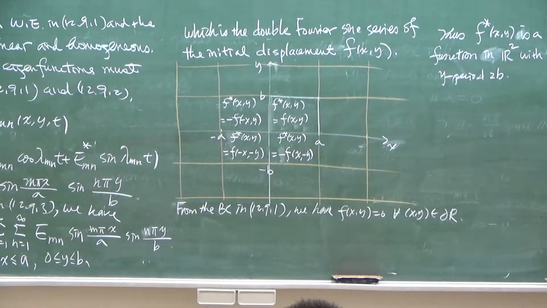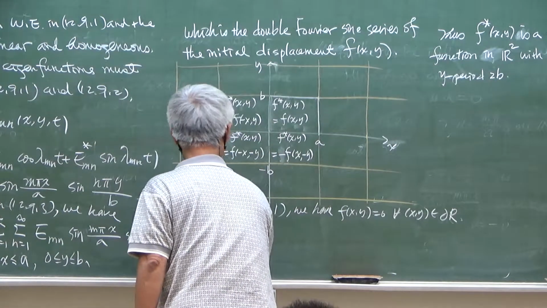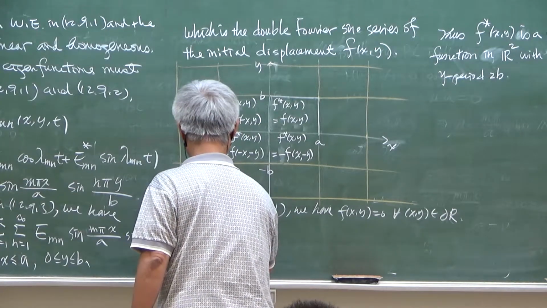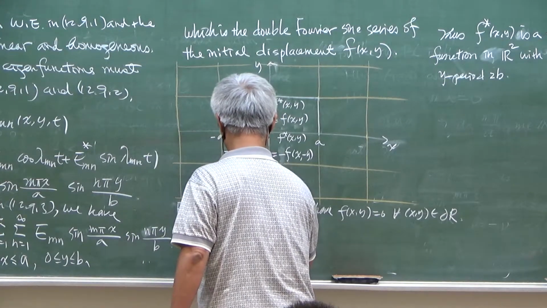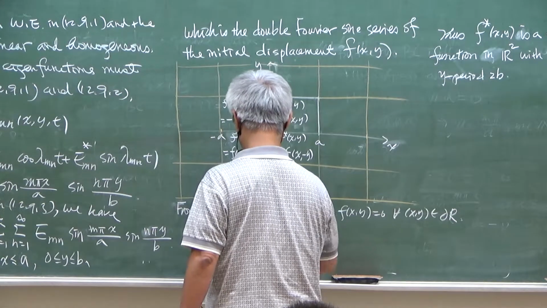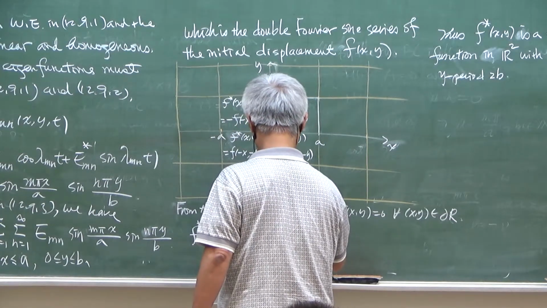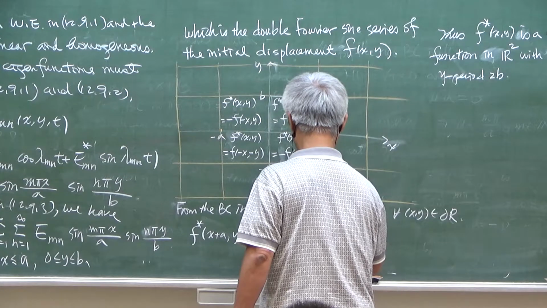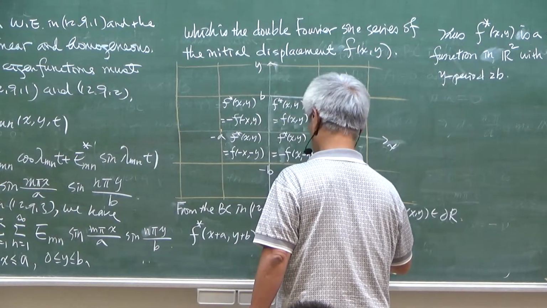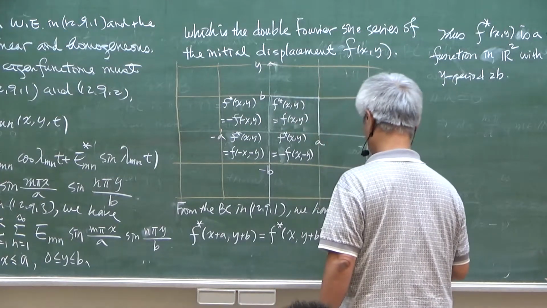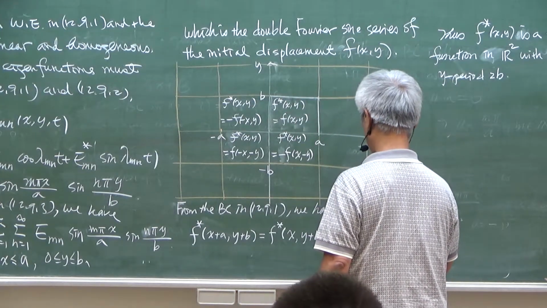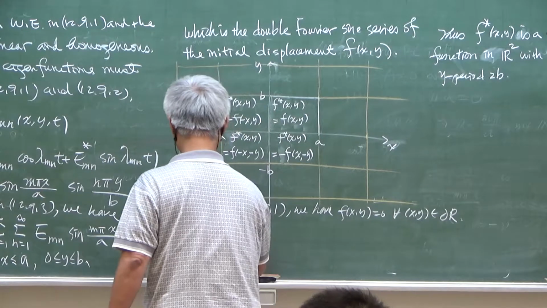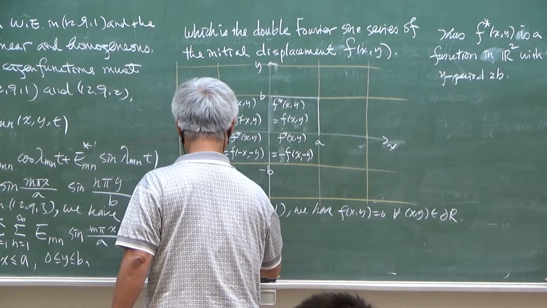Then f star of x plus a, y plus b is equal to f star of x y plus b, equal to f star of x plus a, y.